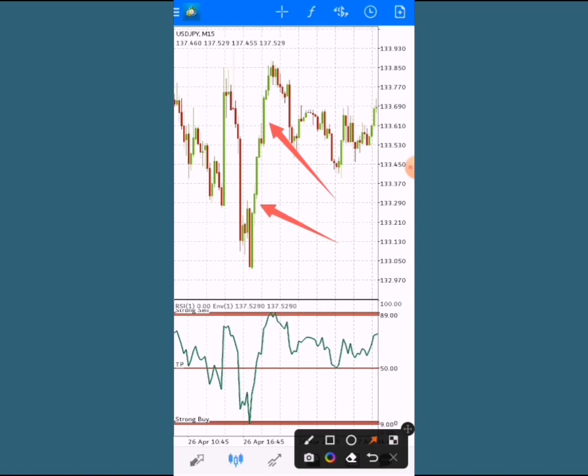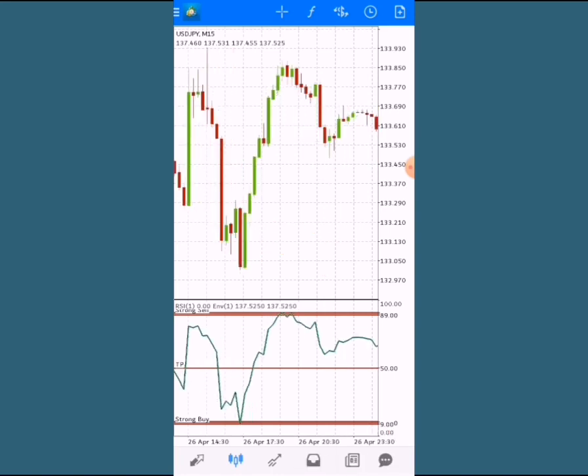This one too, even though I wouldn't like to talk about that. This candle right there, if you combine it together with this one, those two green candles, they engulf the previous red candle.